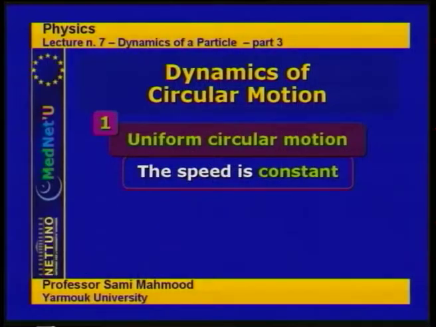Before that, we have to categorize the motion around a circular path into two types. One type is called the uniform circular motion. In this type of motion, the object moves around the circular path with a constant speed.